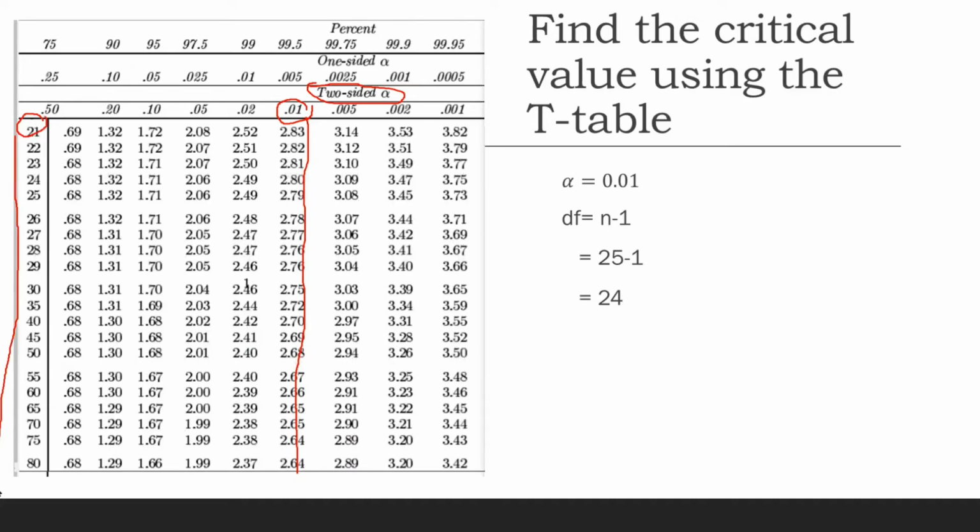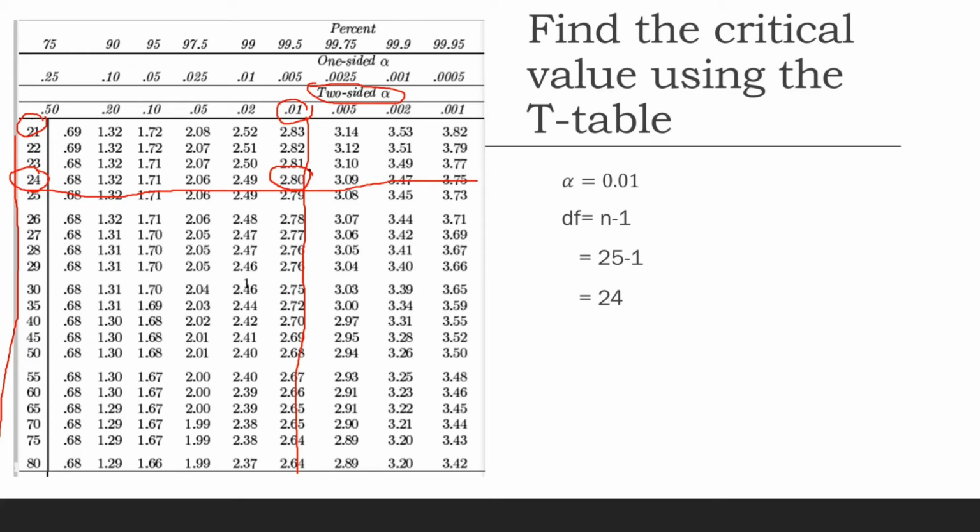So, eto yung karugtong ng ating table. So, yung 24 natin ay eto po. So, kung saan po siya mag-i-intersect, yun yung ating critical value. So, dito siya nag-intersect. So, the critical value is 2.80.